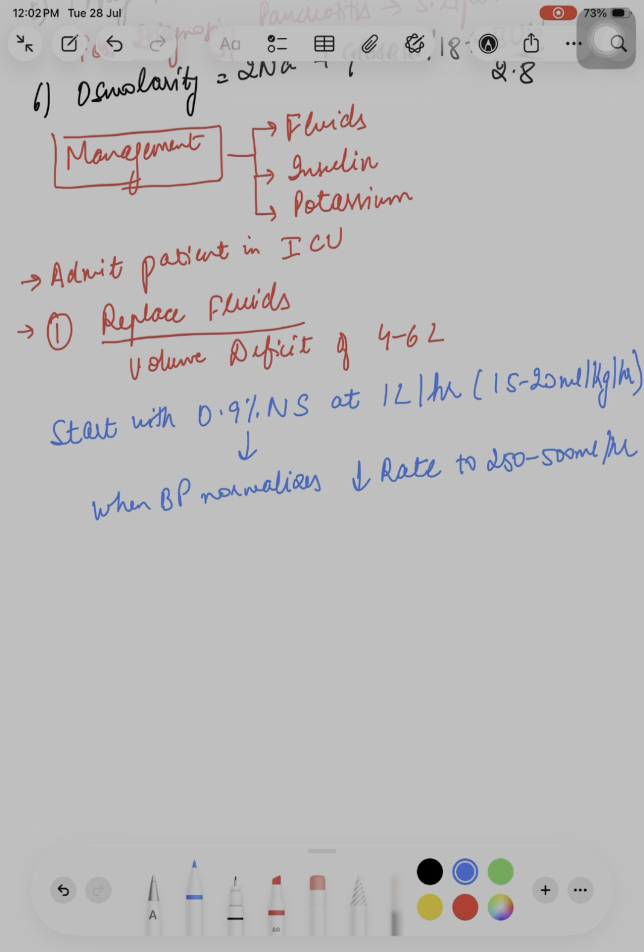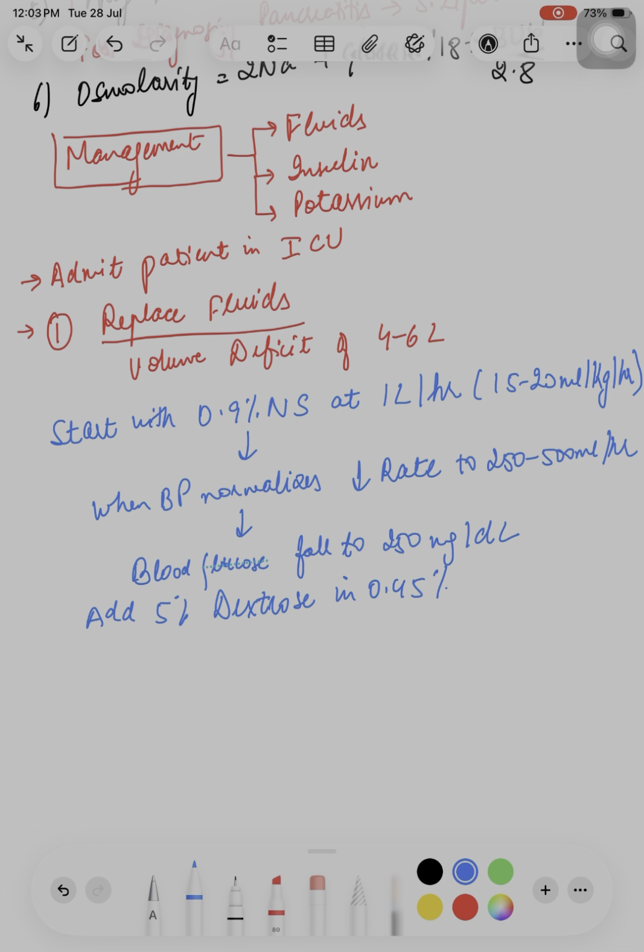Next point is, if blood glucose falls to 250 milligram per deciliter, you have to add 5% dextrose in 0.45% saline, and 0.45% is N/2, and decrease the infusion rate to 150 to 250 ml per hour.